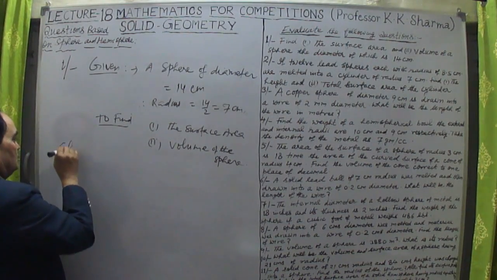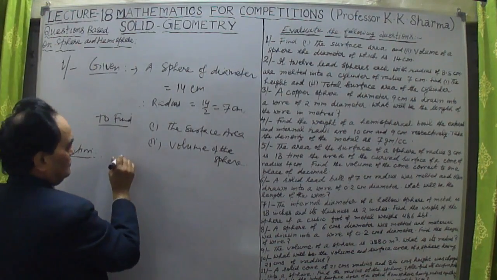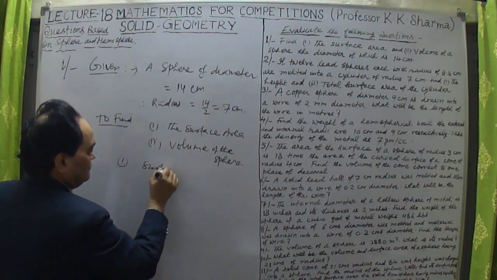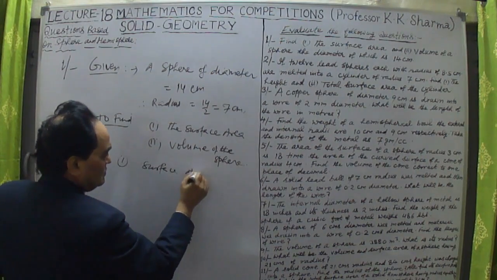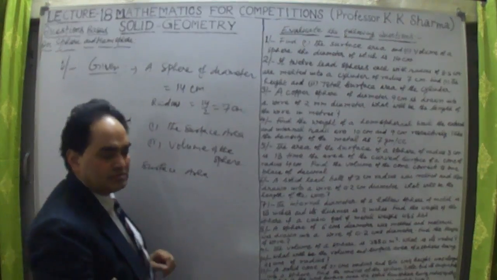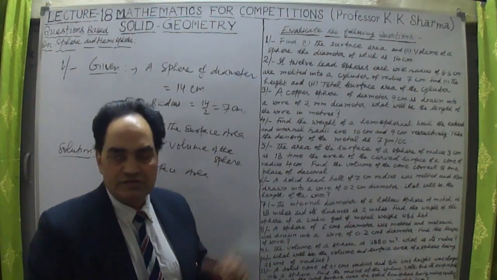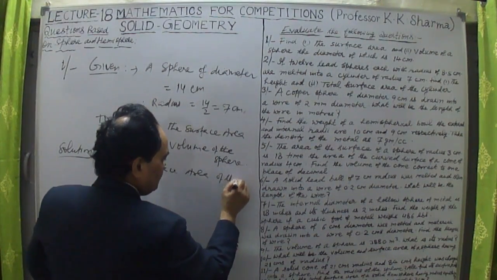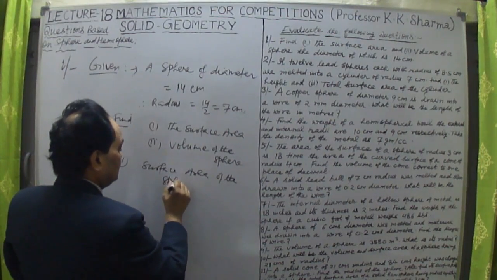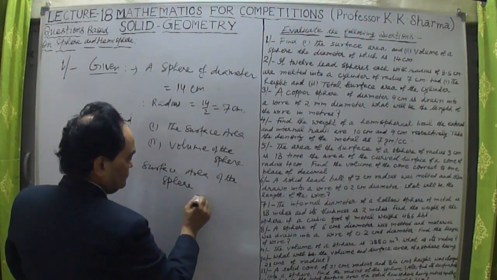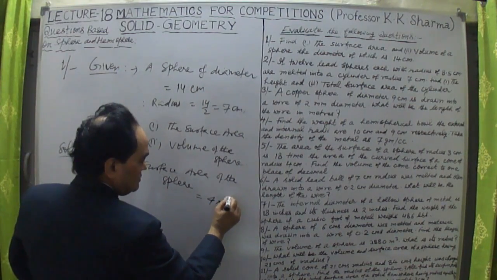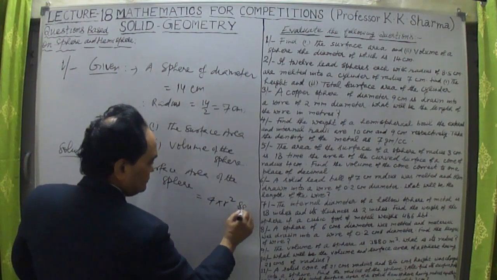Solution. Number 1, first is surface area. In case of a sphere, only one dimension is required, which is the radius, and the radius is given to us. So surface area of the sphere is equal to 4 pi r square unit.